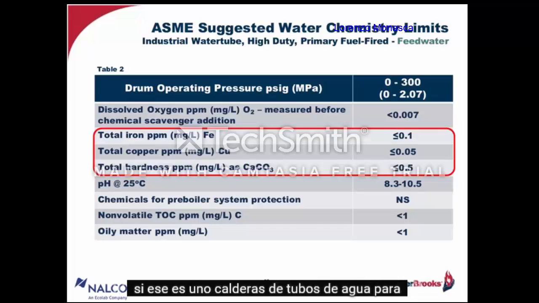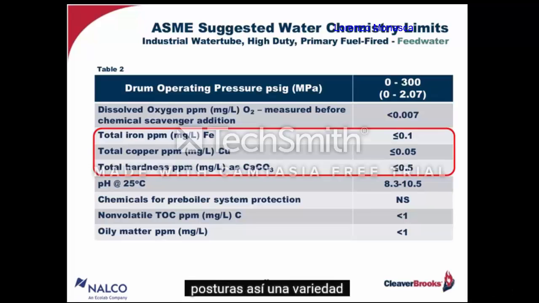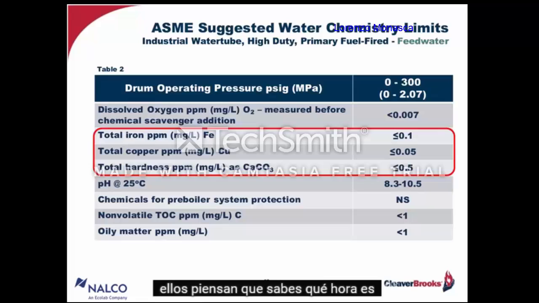A second one on water tube boilers for high purity systems where they may have a turbine or a superheater or something that requires more stringent guidelines. And then there's also a separate table for fire tube design, for electrode boilers, coil boilers, and marine boilers. So there's quite an extensive variety of recommendations or consensus chemistry limits provided by them.